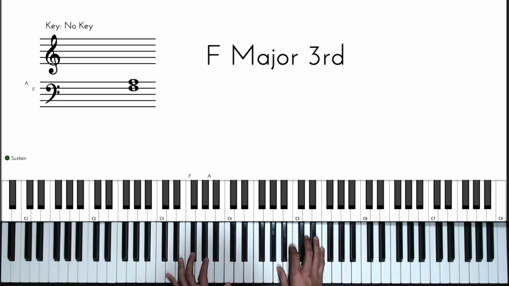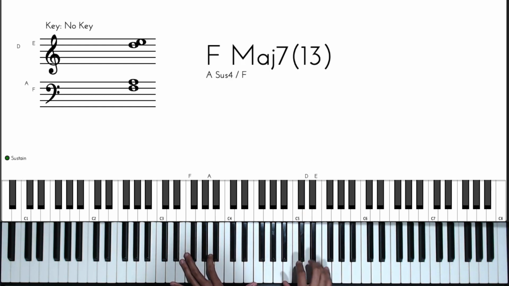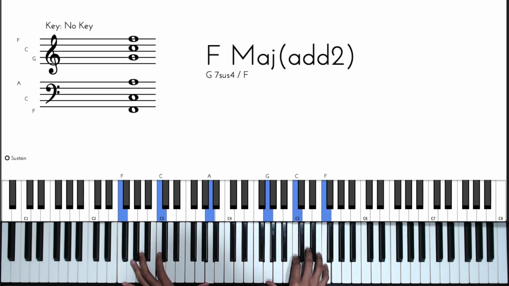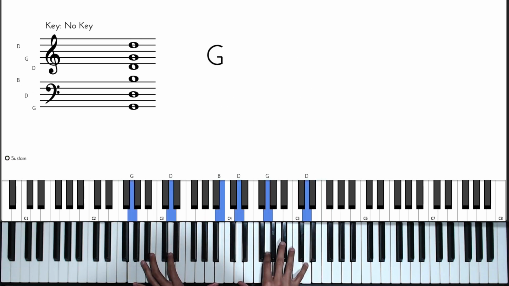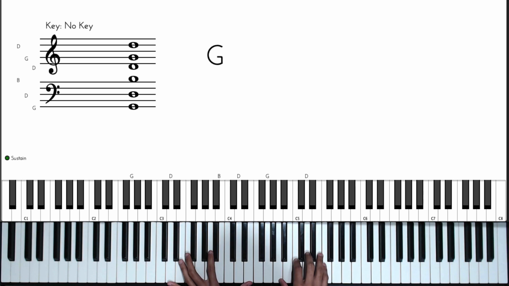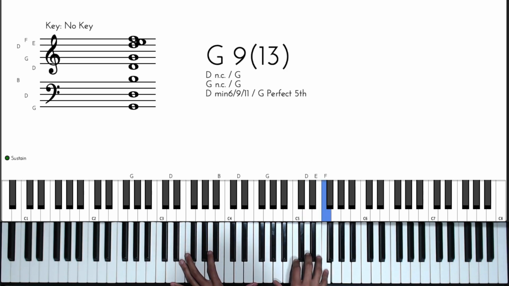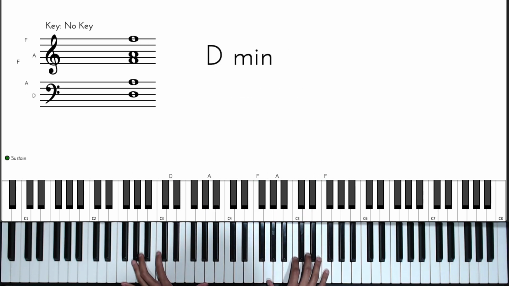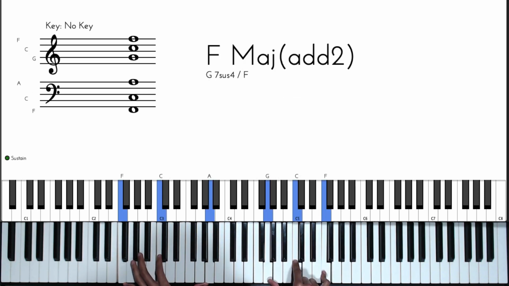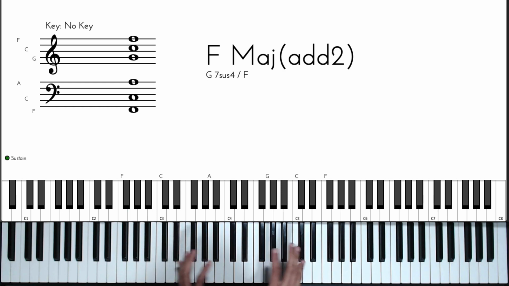So the way that I play this part is like this. Right, so I played a D minor, then an F major, right? And this voicing that I'm using is an add 2, but I like the way that the notes are spaced out, right?